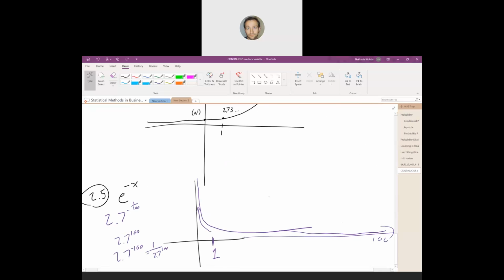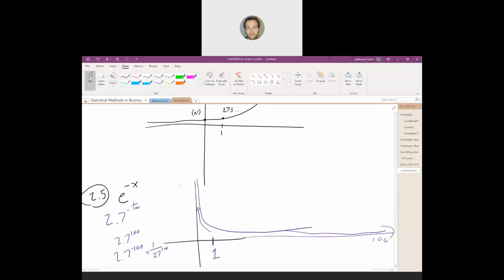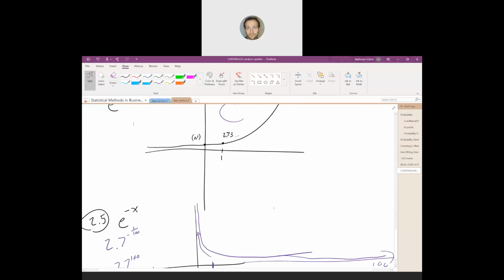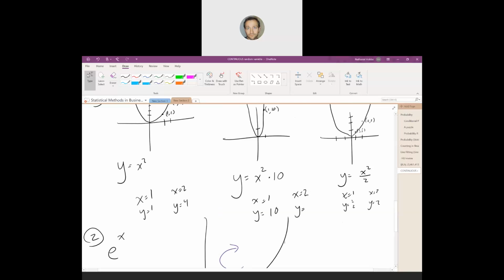E to the minus x is the same exponential growth, except it's more like exponential decay. This graph gets rotated about the axis. And so numbers start really, really big when they're under 1, and then they get super small as you go out.